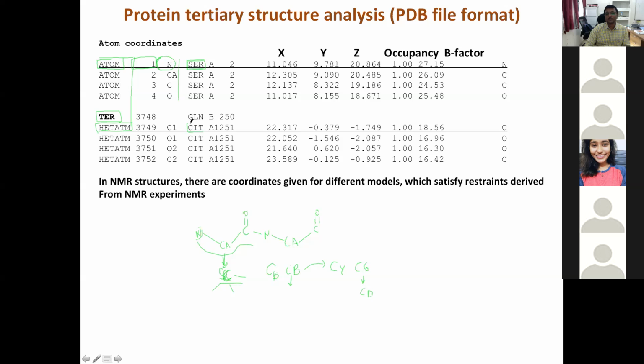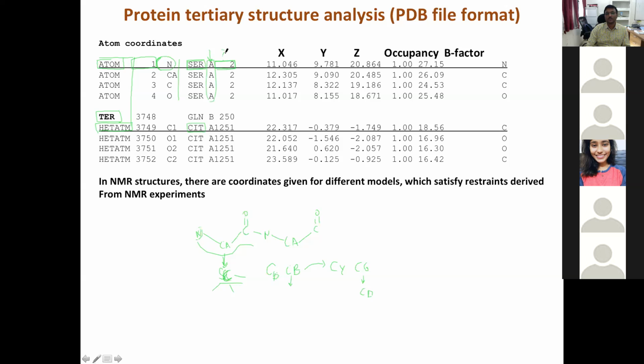To maintain the format, the heteroatoms are also given a 3-letter code, and this is CIT for citric acid. Then you have the chain identifier, which, as I said, refers to one polypeptide in the PDB file. Then you have the most critical information from this point onwards, apart from the chain: the residue ID.